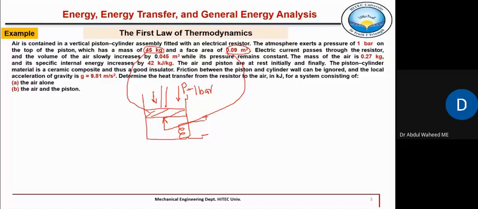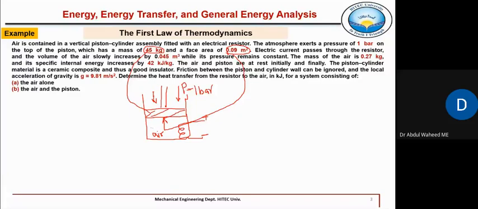Electric current passes through the resistor. This electric current passes through this resistor, and inside this cylinder we have air enclosed in this cylinder piston assembly. So the volume of the air slowly increases by 0.045 meter cube.